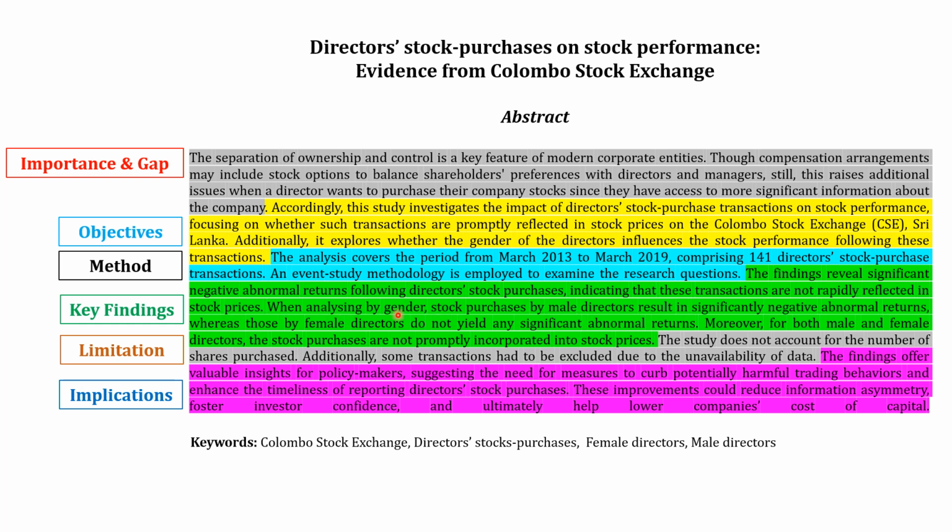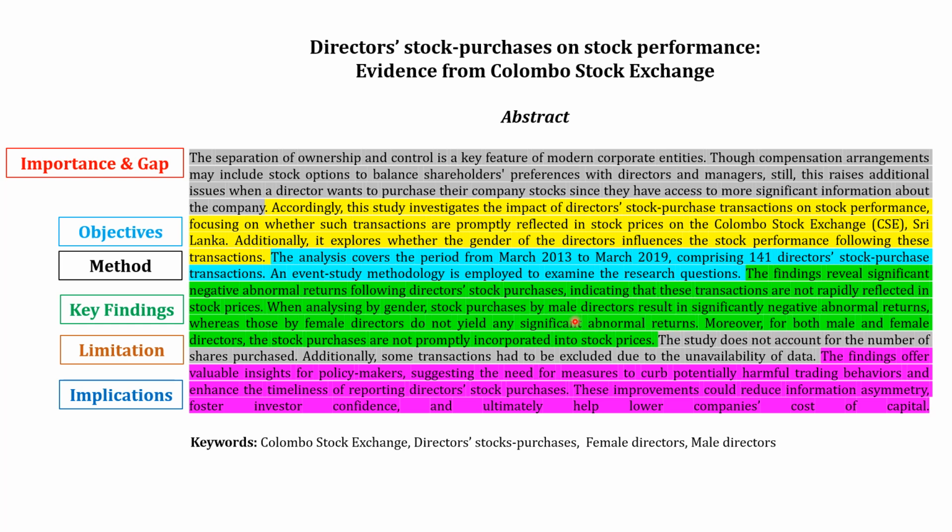So when analyzing by gender, stock purchases by male directors result in significantly negative abnormal returns, whereas those by female directors do not yield any significant abnormal returns. So there was another objective, to do the analysis gender-wise.